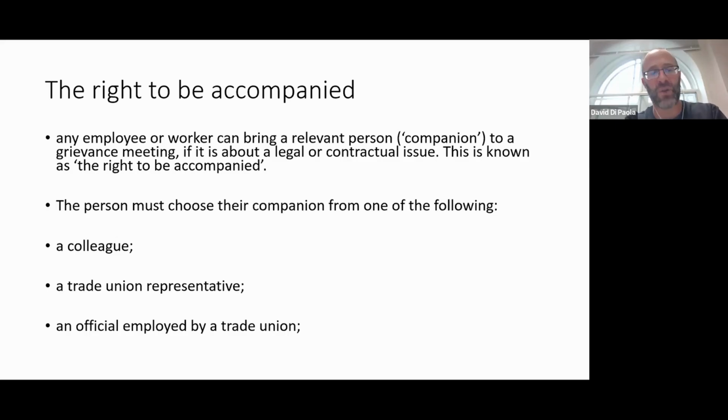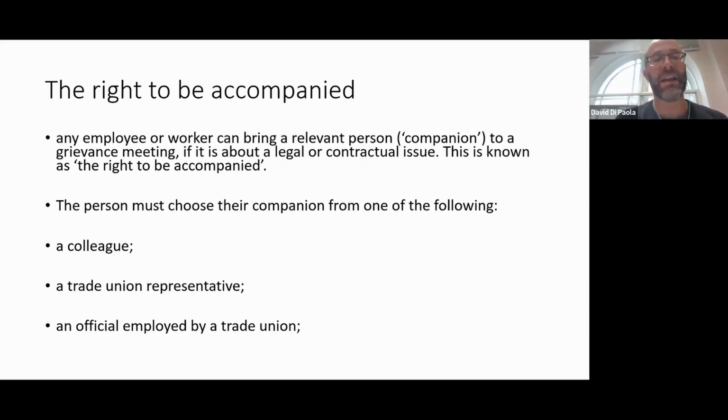Strictly speaking, in terms of the law, as I say in the slide, it really should be a colleague or a trade union representative. But I had one case where someone wanted to bring their mum along, which, between you and me, was a slightly odd choice. But at the end of the day, I couldn't see any legal basis or any ground why having their mother there would be inappropriate or cause any problems to the process.